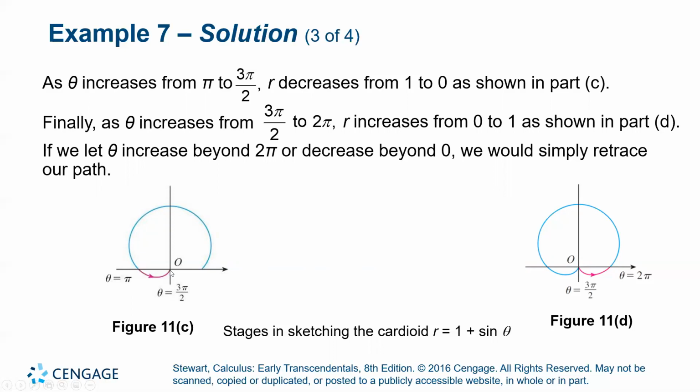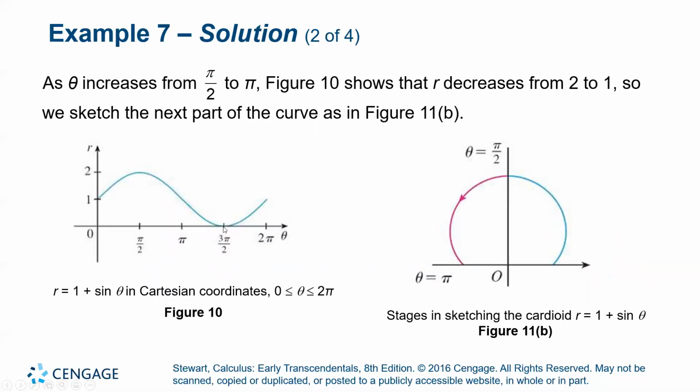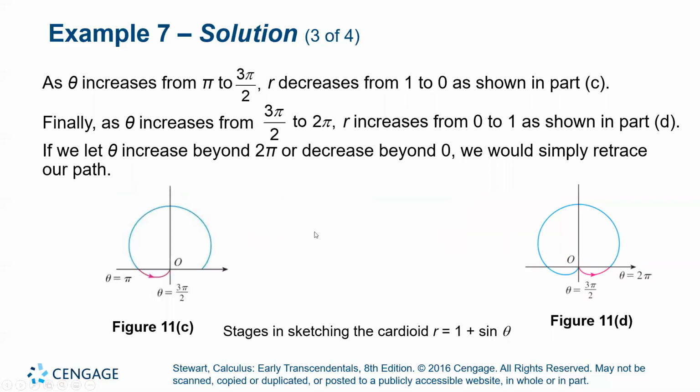And then again, from 3 pi over 2 to 2 pi, it climbs back up to 1, doing the opposite of what it did before, which completes our curve. You can see here on the right in figure 11D, the pink part. Again, we're starting with r equals 0, and then we have to end up with r equals 1, going from 3 pi over 2 to 2 pi.